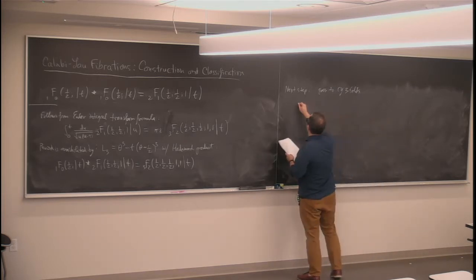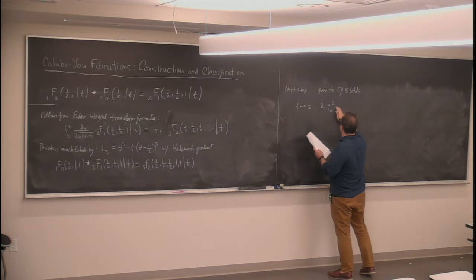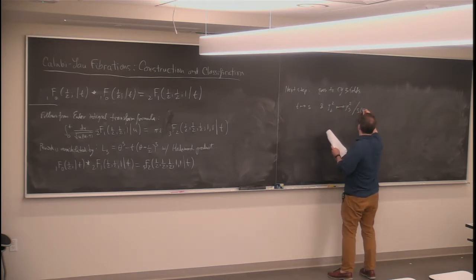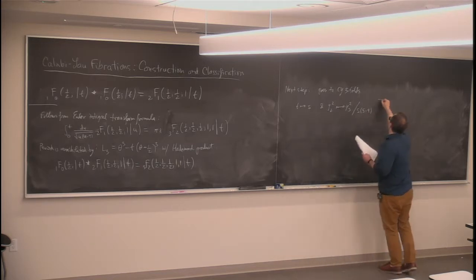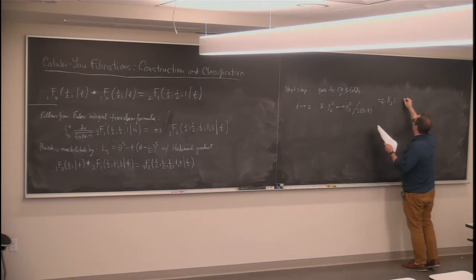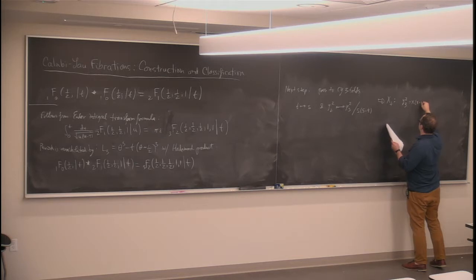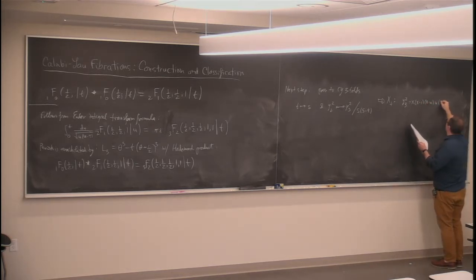So t is going to go to s, and y2 squared is going to go to y3 squared over s times s minus t. Okay, and this is going to give us a family X_t given by y3 squared equals x times x minus 1 times x minus u times u times u minus s times s minus t.